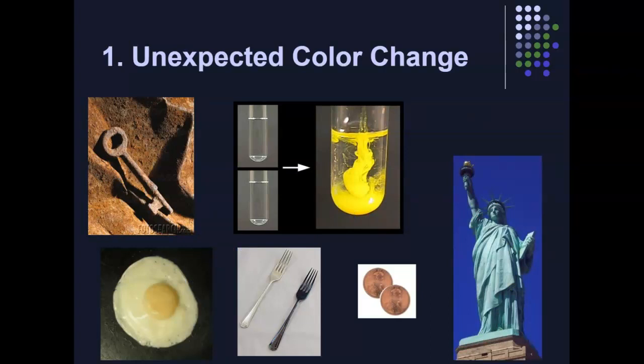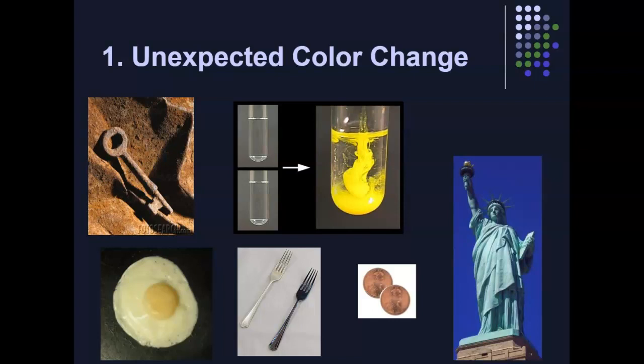So an unexpected color change. All of these are good examples. We might have our iron key change from a dark gray to now an orangish sort of dirty color. We might have our egg change from a clear and yellow center to a white and yellow center.